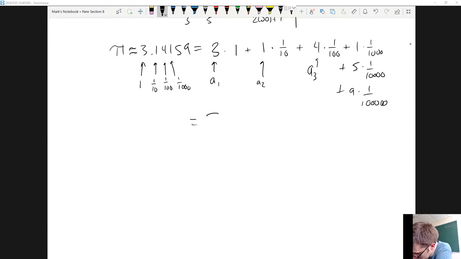We can write this as the sum of the digit a_n from 1 to infinity times 1/10 raised to the n minus 1 power, where 1/10 to the 0th power is 1, 1/10 to the 1 is 1/10, 1/10 squared is 1 over 100, and so on.